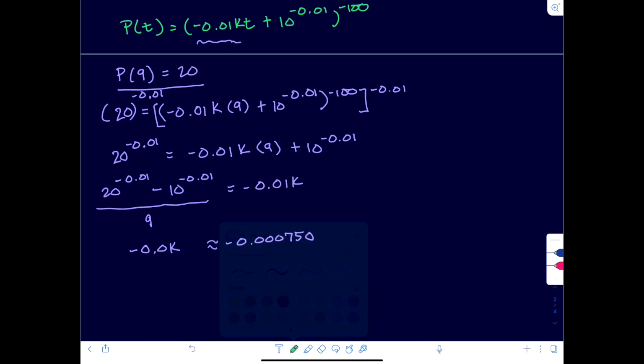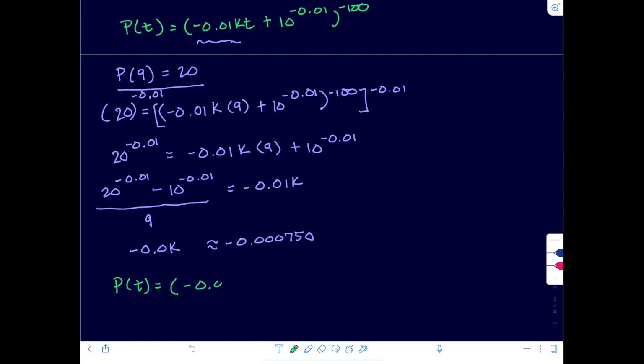So again, bringing it back, adding the next piece to the puzzle, we have P at T is equal to negative 0.000750 times T. Just a reminder, in for negative 0.01 k, we're putting this amount here that we just found. And then plus 10 to the negative 0.01 raised to the negative 100.